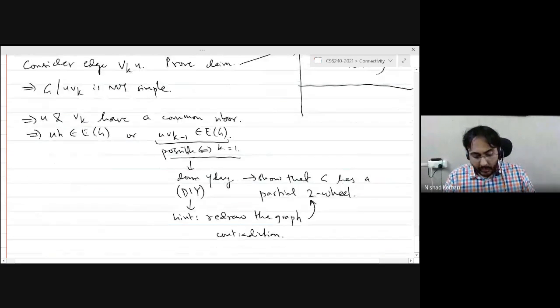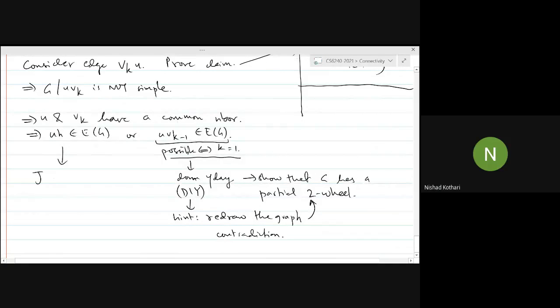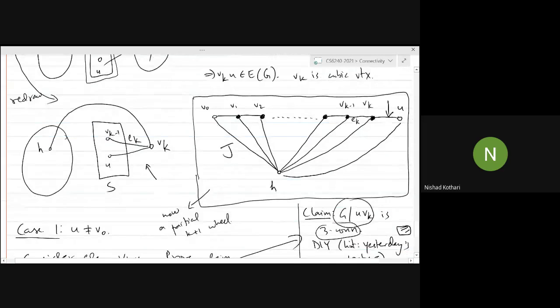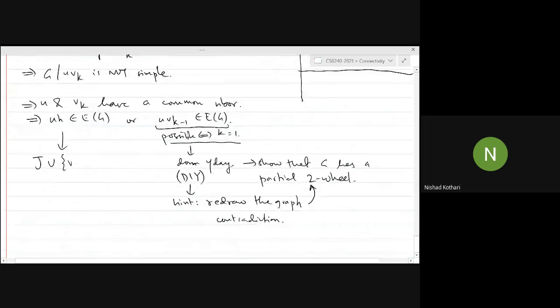So now in this case, note that the original subgraph union 2 edges, vku and hu, is a partial k plus 1 wheel, and that is a contradiction again.